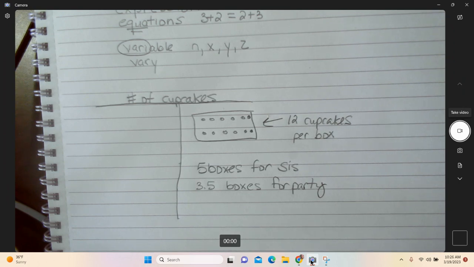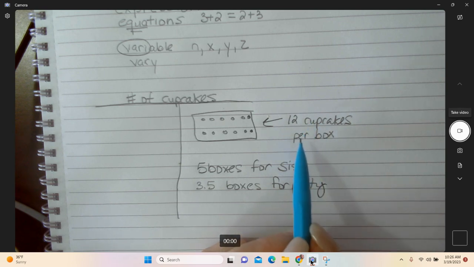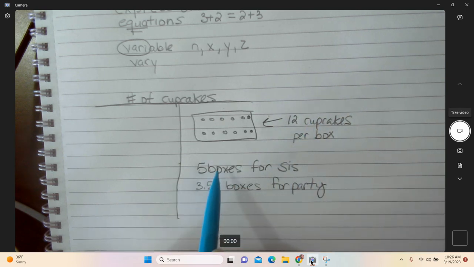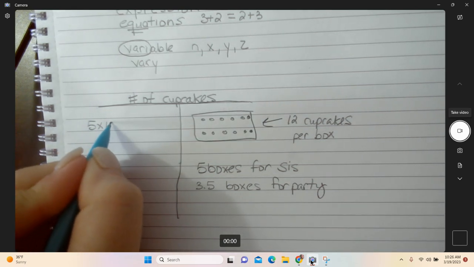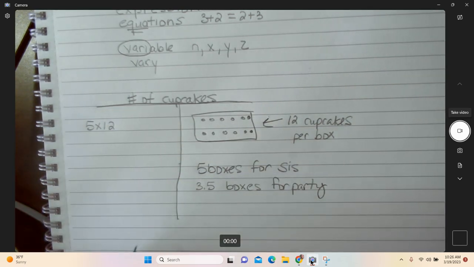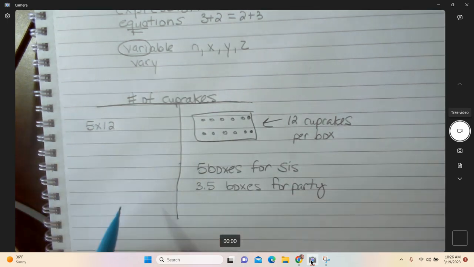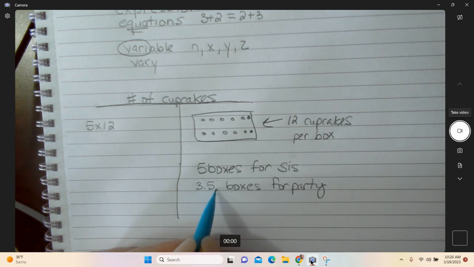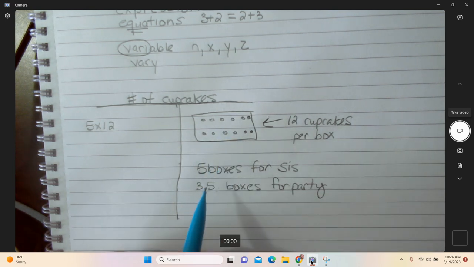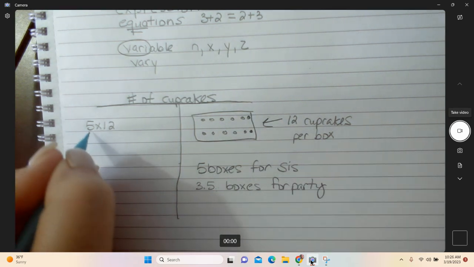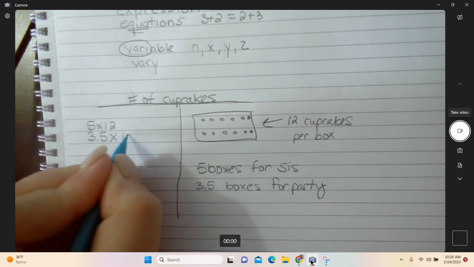Because I know here every cupcake box has 12, and I got 5 boxes. So I feel like that should be 5 times 12 if I'm going to write an expression for that, right? Because 5 groups of 12. And then 3.5 boxes, and those also have 3.5 groups of 12.